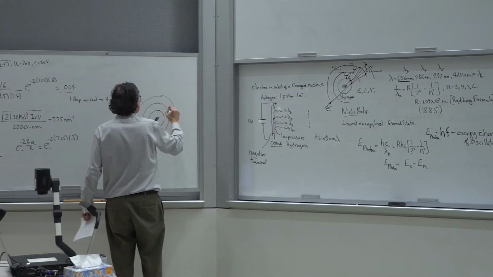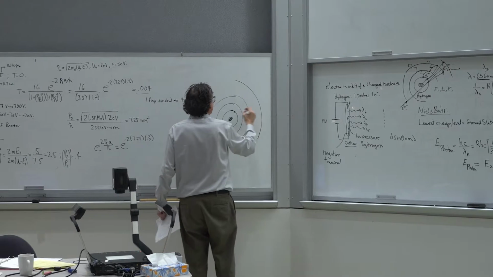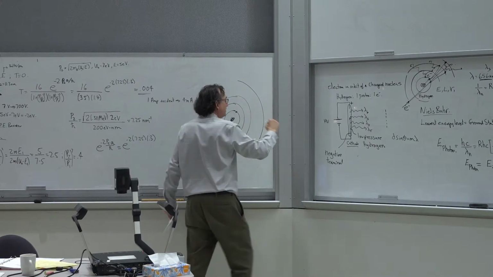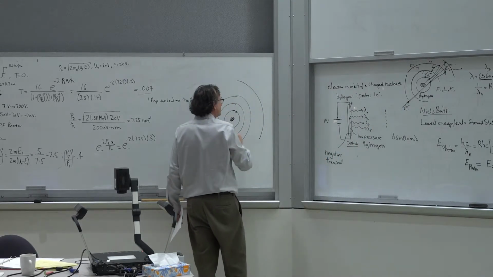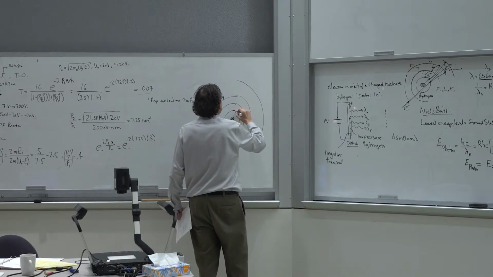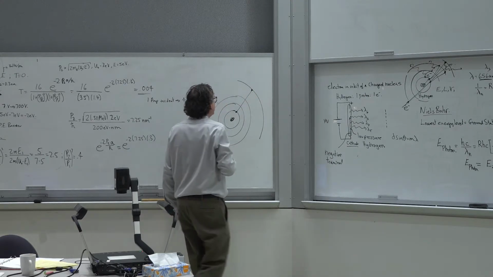If I excite the electron up to, let us say, n equals 4, the fourth level, with the discharge of the electron current from the tube, then this one will get jumped up to here, and now it can decay back.